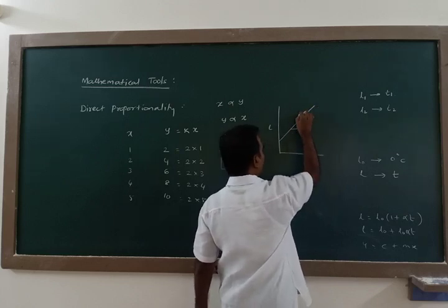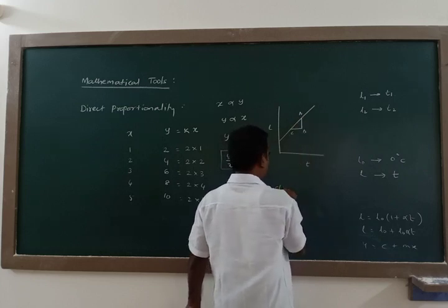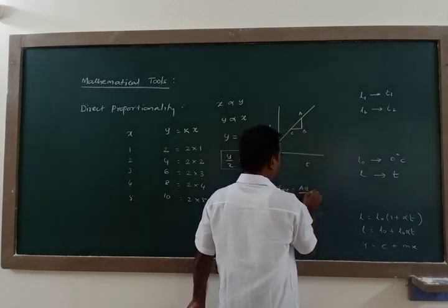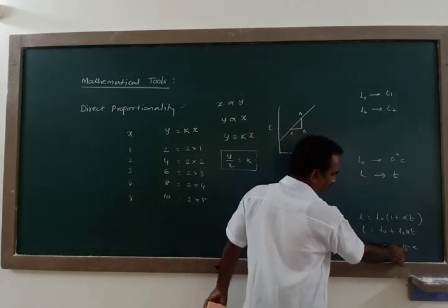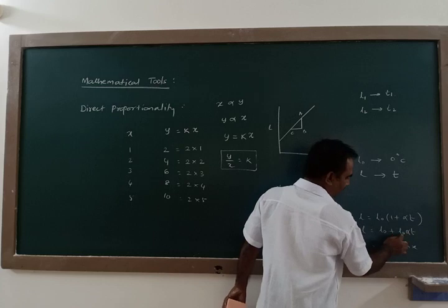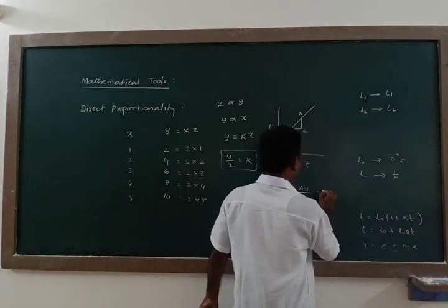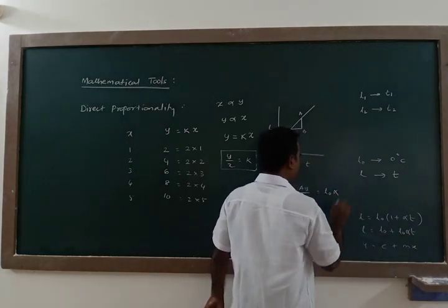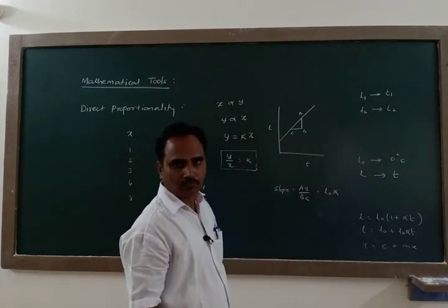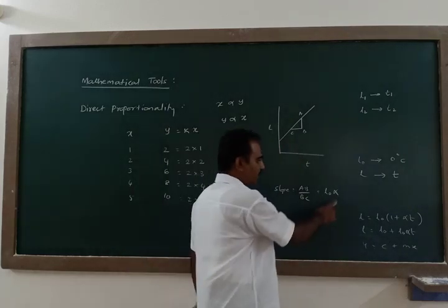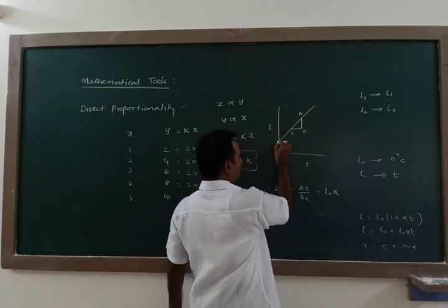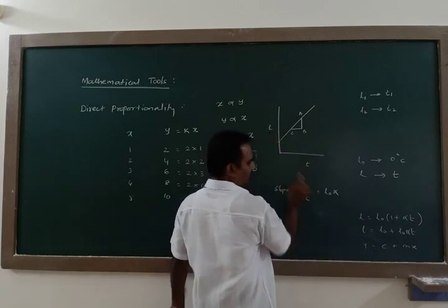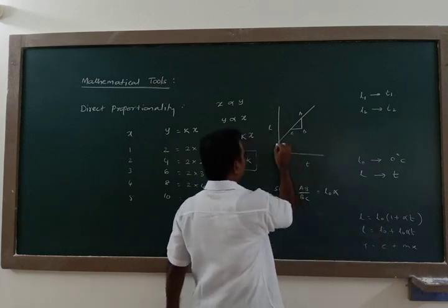That means here this slope is AB divided by BC, so this m stands for slope here. So the slope will give you L0 into alpha, the coefficient of linear expansion of the material of the wire. And this term here, this c, is nothing but L0.